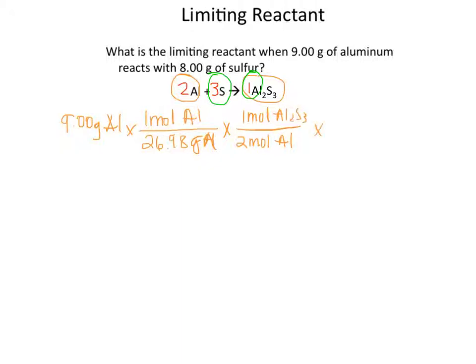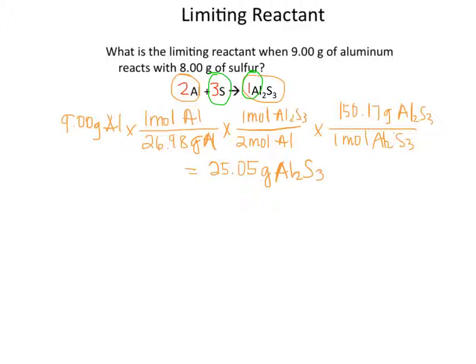Now I multiply by the molar mass of aluminum sulfide, 150.17 grams, with 1 mole of aluminum sulfide on the bottom. This gives me a product of 25.05 grams of aluminum sulfide.